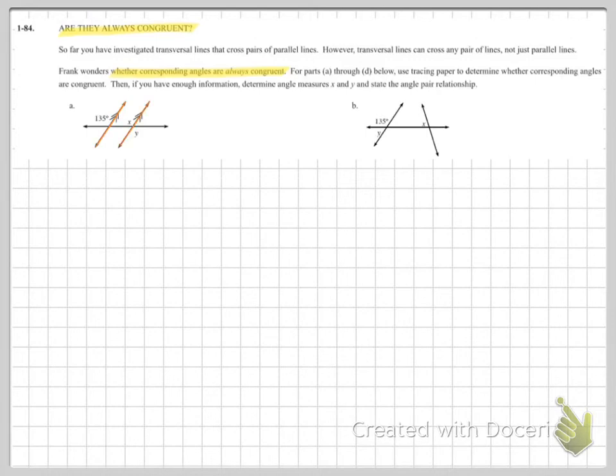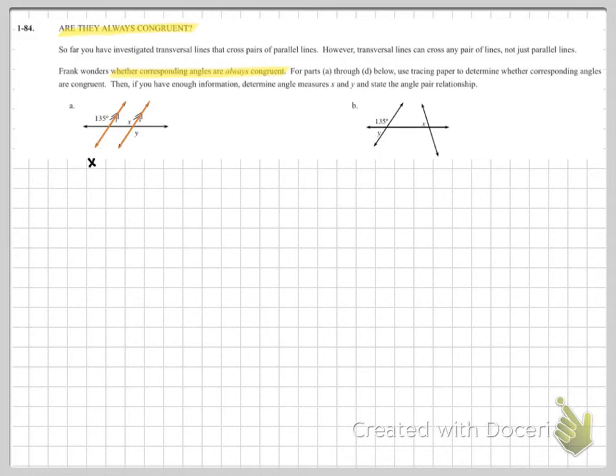Now, these things are identified as parallel, so I went ahead and highlighted them in orange. If they are parallel, if I were to trace the angle 135, then I am actually going to be able to slide it over and get it to match. So I would say yes in this case.